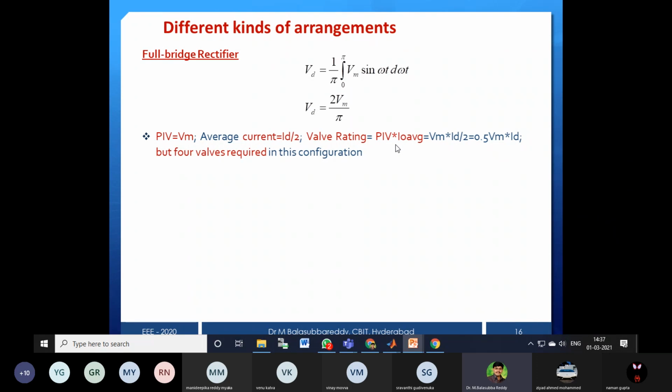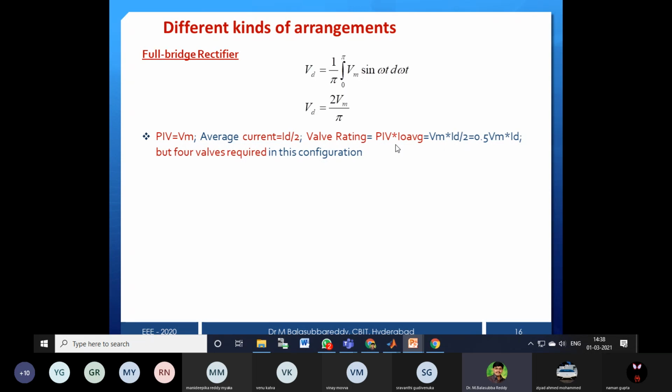Then automatically, since the valve rating is half, the cost of that valve is less, because if you are using a high peak inverse voltage, then the rating of the valve will be more, and automatically the cost will be more.